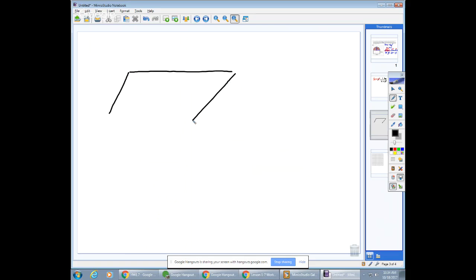A parallelogram is a four-sided figure where one pair of sides is parallel and another pair of sides is also parallel, so it's got two sets of parallel sides. If we claim that this is the base down here, then all we need to know is the height, and the height has to be perpendicular to the base.